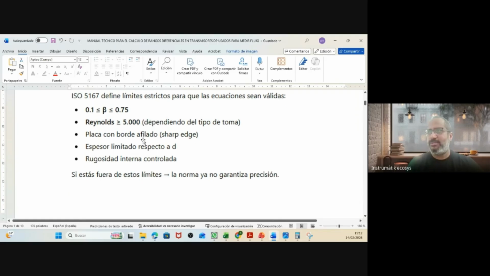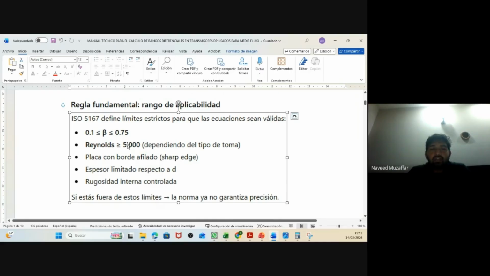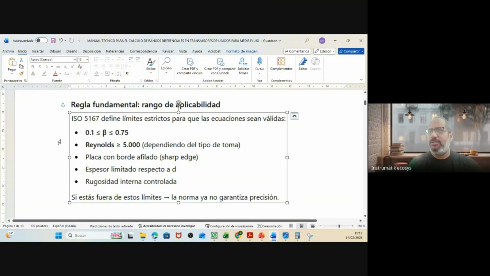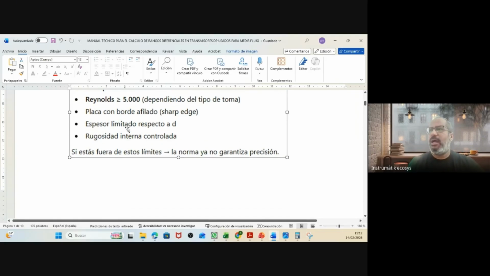Did you know that? Yes, I already know the standard range for the beta ratio. Okay. So the Reynolds number should be equal to or higher than 5,000.